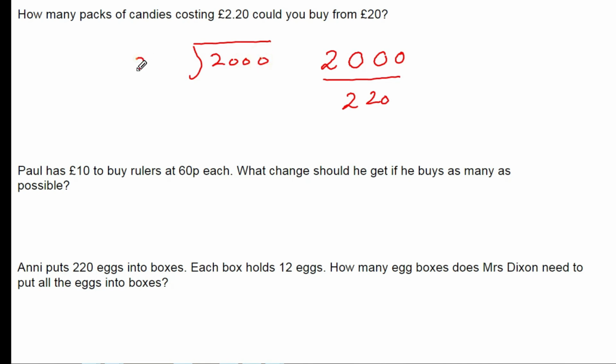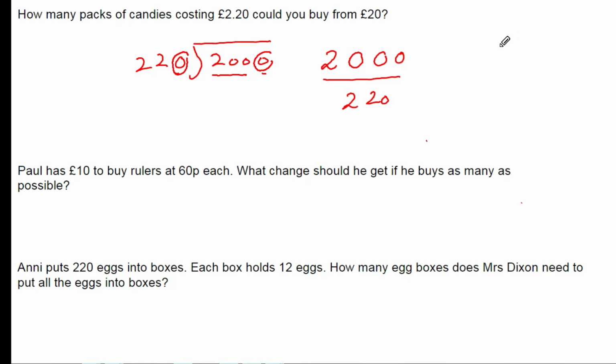So now you can use your bus stop method. Look at here, now I need to divide 2000 by 220. So the last zeros, this zero and this zero, you need to leave for a moment, because otherwise it's gonna be difficult for us to multiply.